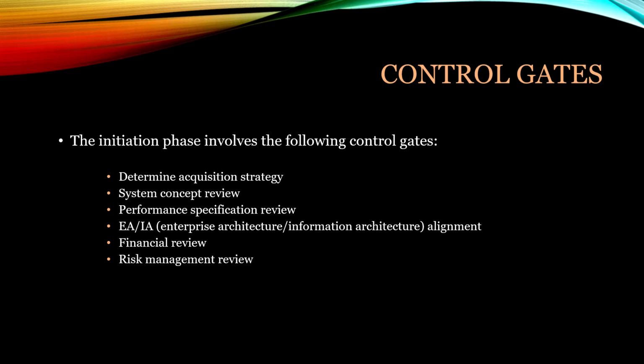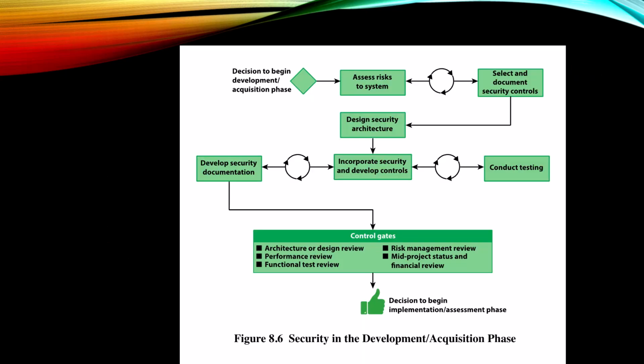Again, we're going to look at risk as it is based off of the system, document the appropriate security controls, design the appropriate architecture, and then conduct testing when appropriate, conduct the security control review, and then develop the appropriate documentation, and that gets piped out to a control gate.